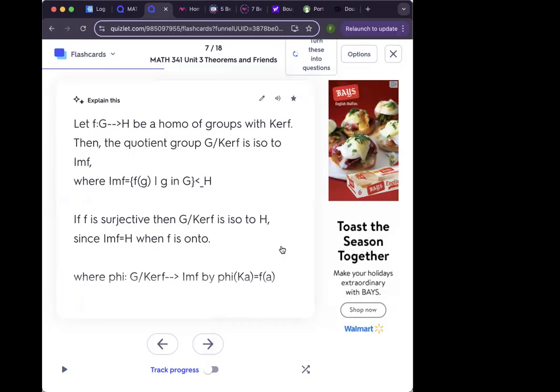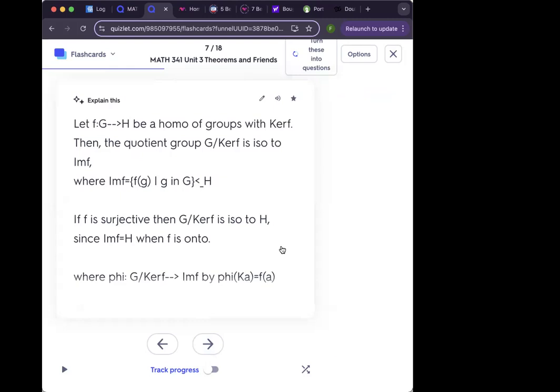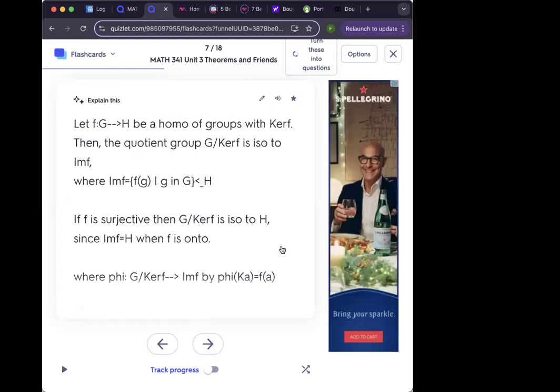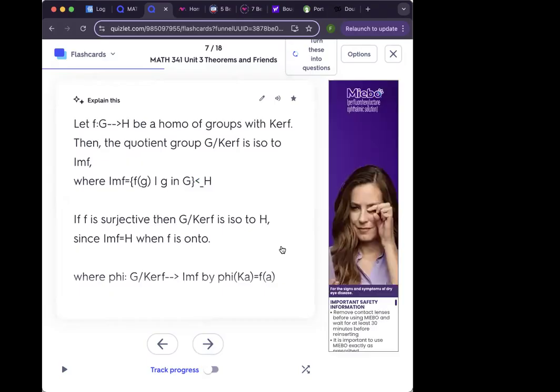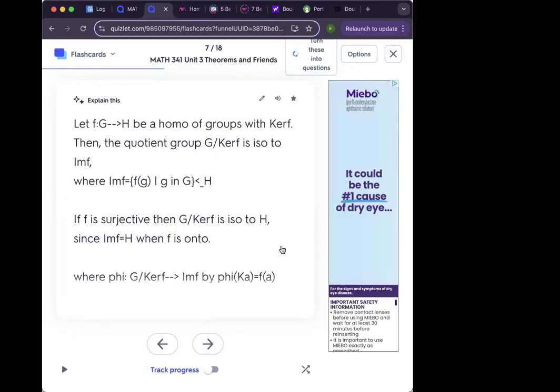Then the quotient group G mod kernel F is isomorphic to the image of F, where, just as a reminder, the image of F is the set of all outputs. So the image of F is all F of G for all G in G. And the image of F is a subgroup or subset of H. I always forget.